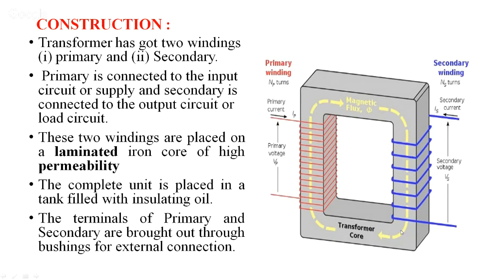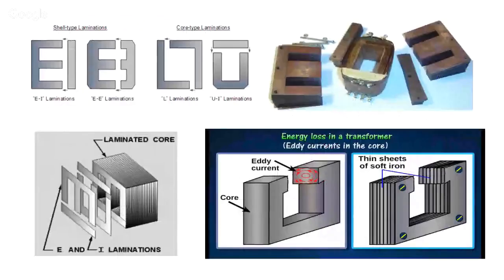Now let us understand the meaning of laminated iron core. See, the entire transformer core is not made up of a single solid iron core. Instead, a number of stampings of the shapes E and I, this is one type of combination, and another is E and E. You can see here, this is another type of lamination.